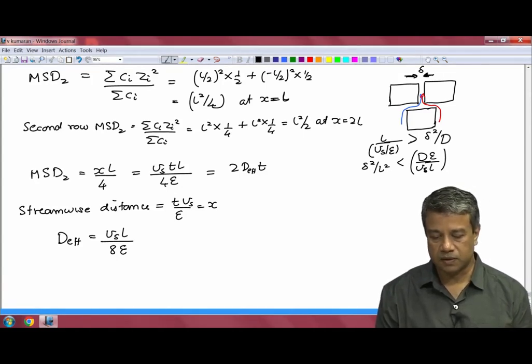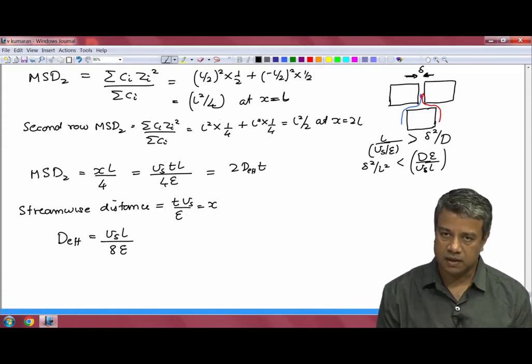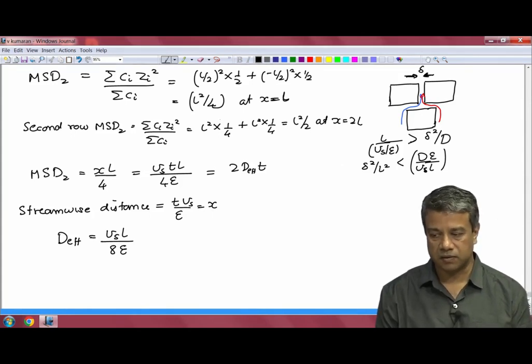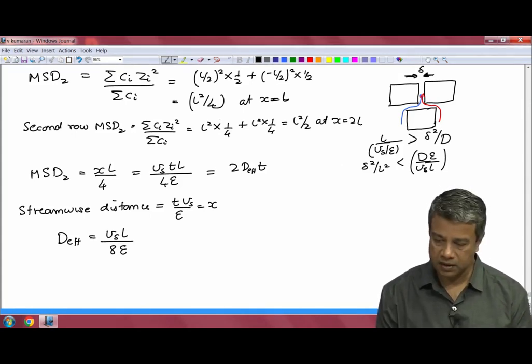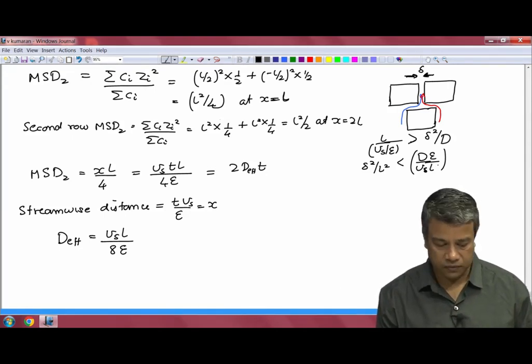It depends only upon the velocity of the fluid and the distance, the repeat unit or the equivalent diameter of the particles in a packed column, for example. Okay. So, this is a simple example that illustrates how forced convection can result in enhanced diffusion.